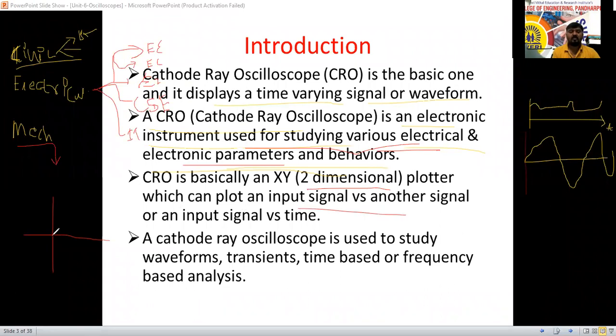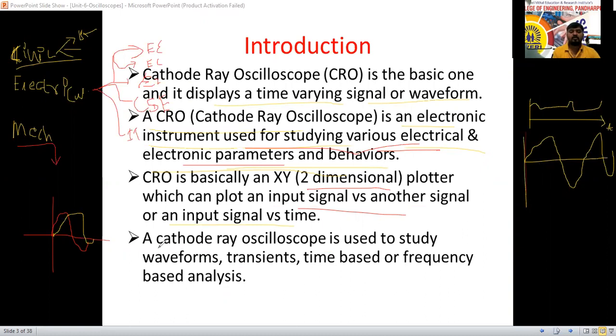It can plot the input signal and the output signal like this. Like this also it can plot, or an input versus time, like this it can also plot here.